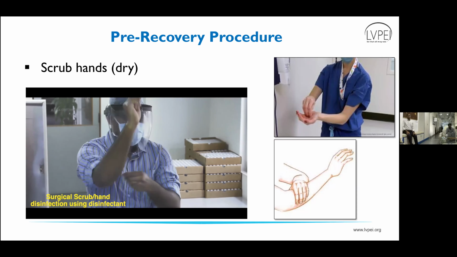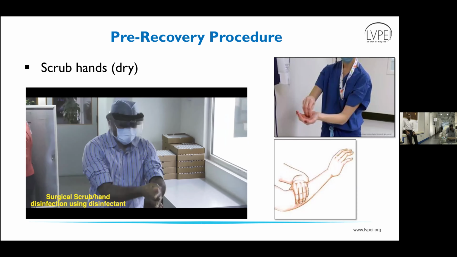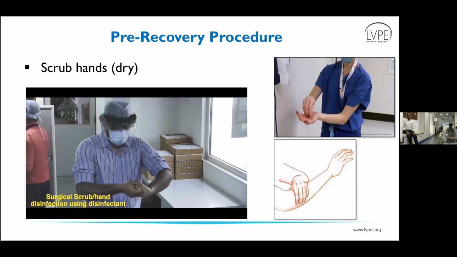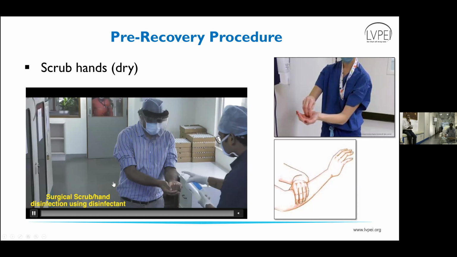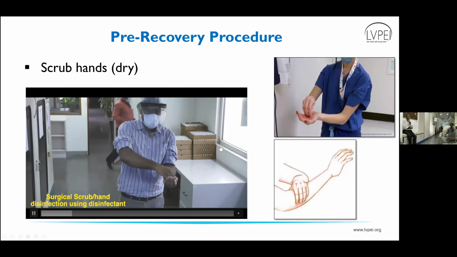Once you've done the scrubbing up to the elbow, you have to repeat the scrub for only up to the hands, because when you reach the elbow, you are touching unsterile areas like shirts and T-shirts. That is the reason we have to do it again, finally with only the hands, as shown in the video.